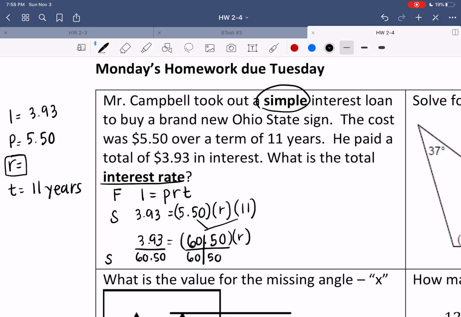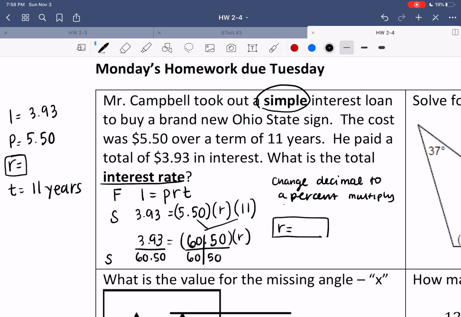And then we'll be left with R equals our answer. And remember that you'll be given a decimal. To change a decimal to a percent, you multiply by 100, because this needs to be in percent form.